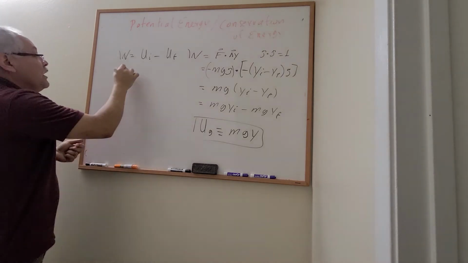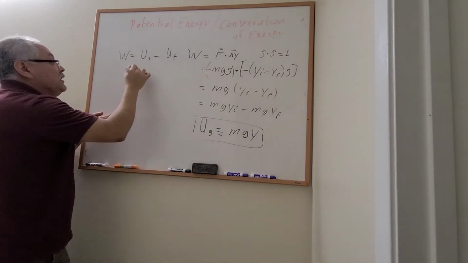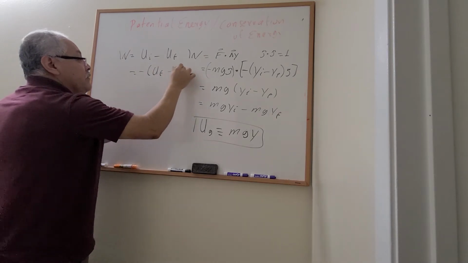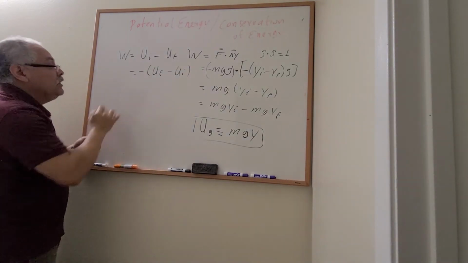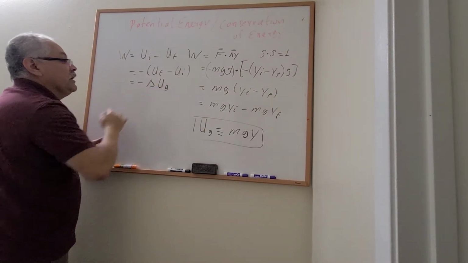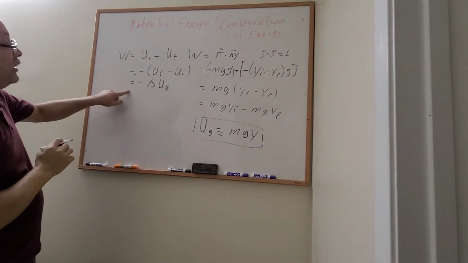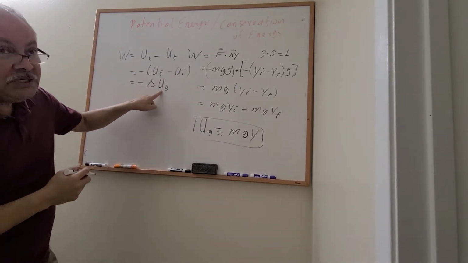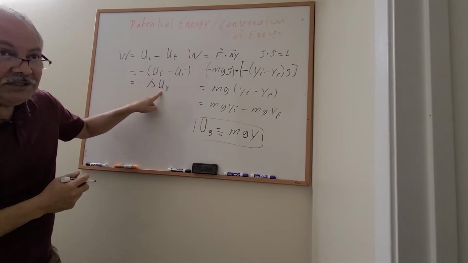Now we can also rearrange this as negative, final potential minus initial potential. This becomes negative the change in the gravitational potential energy.